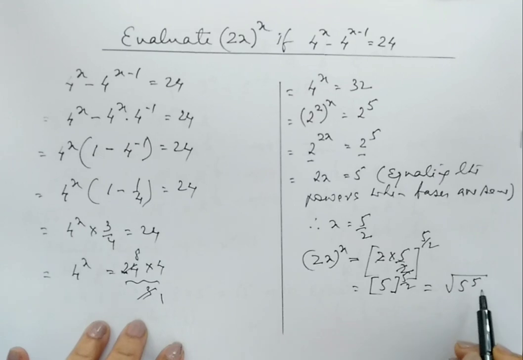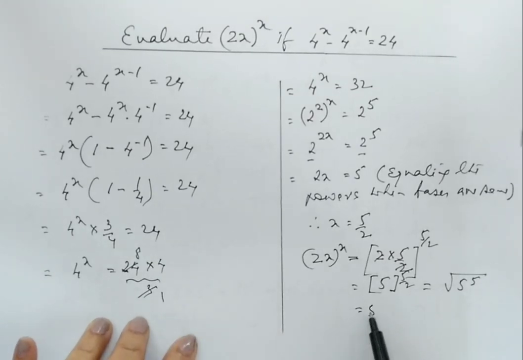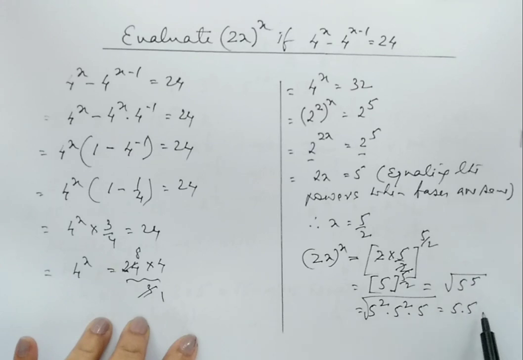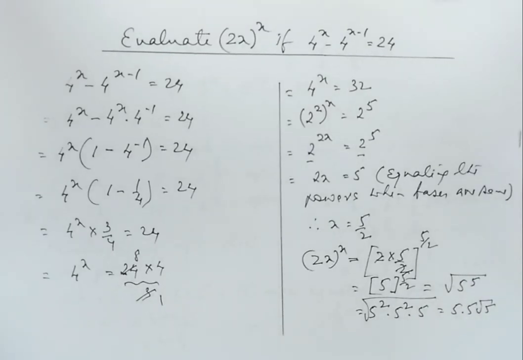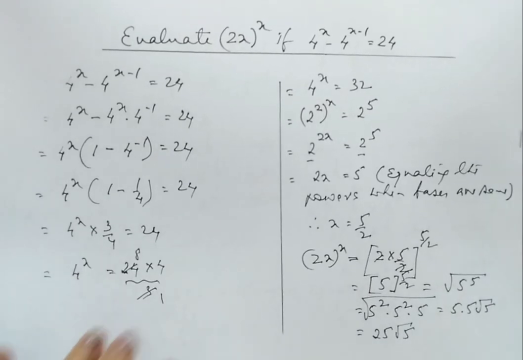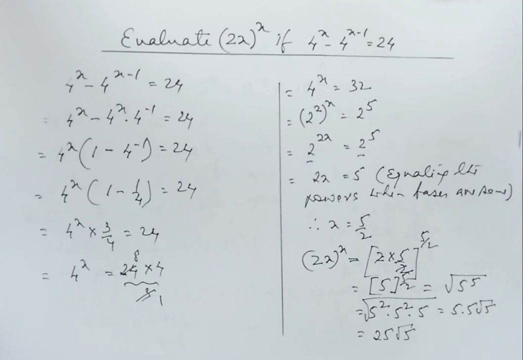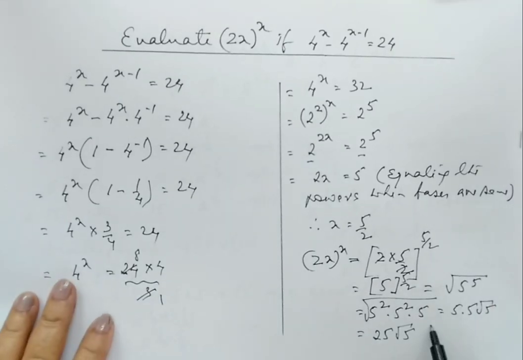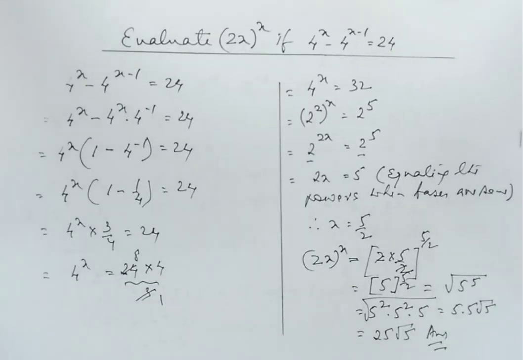Now this is an odd power, which means 5 to the power 2 dot 5 to the power 2 and 5 square root can be written as 5 dot 5 and root 5. So this is equal to 25 root 5. So this is our final answer, guys, and this is how we are able to reach the evaluation of this.